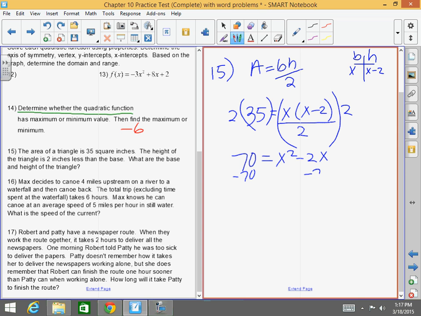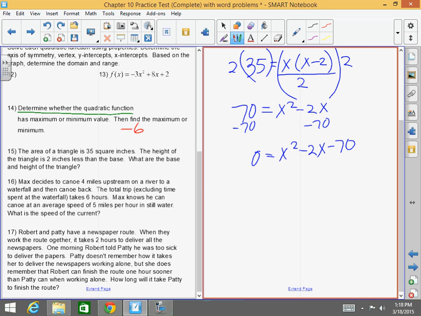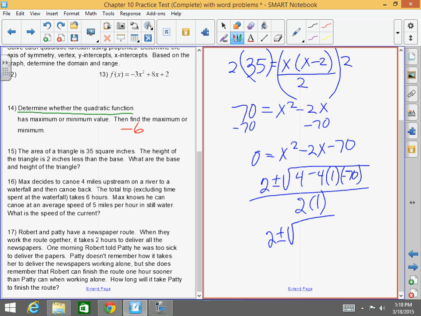Subtract the 70 over: x squared minus 2x minus 70. I'm going to have to use the quadratic formula here, so negative b plus or minus the square root of b squared minus 4 times a times c over 2a. So that's going to be 2 plus or minus the square root of 4 plus 280, so that's 284 over 2.